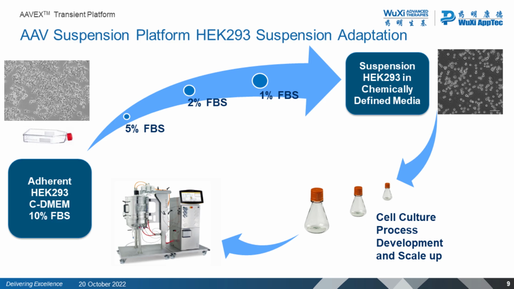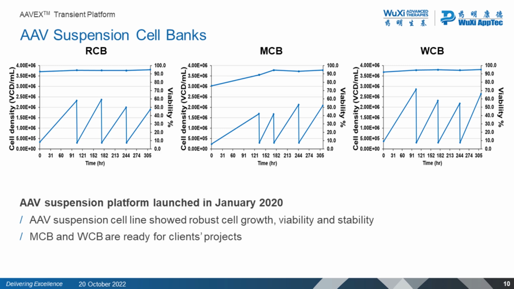The way we establish our serum-free suspension system is by gradually adapting our initial adherent HEK293 cells to chemically defined media, and eventually using the selected optimal clones for process development and manufacturing. We are confident that our research cell bank, master cell bank, and working cell bank all behave similarly with robust growth, phenotype, and consistent high titer of AAV production.